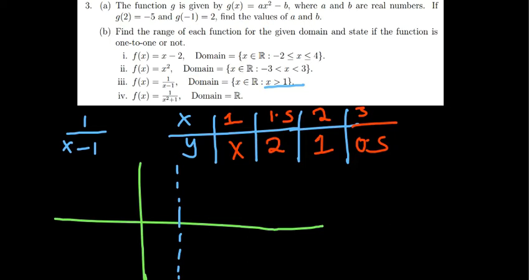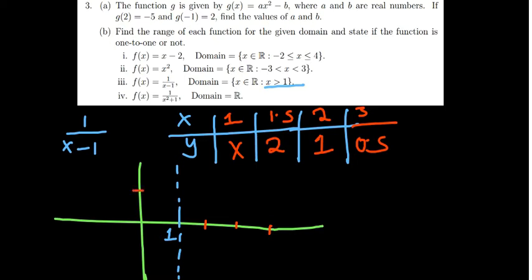So that becomes what we call the vertical asymptote at x equal to 1. Now we've tried values like 1.5, 2, and 3. So what have we observed? For 1.5, it has given us 2.